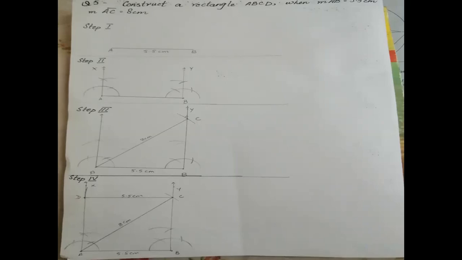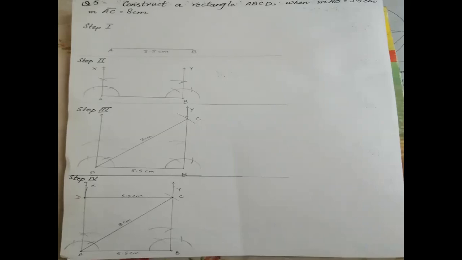Again, I am repeating the steps. In the first step, you will draw the line AB 5.5 centimeter. Then draw the angle of 90 degree with the help of compass on point A and also on point B. After drawing the angles, open your compass 8 centimeter. Put your compass on point A and cut the angle of 90 degree which lies on point B, the opposite side.